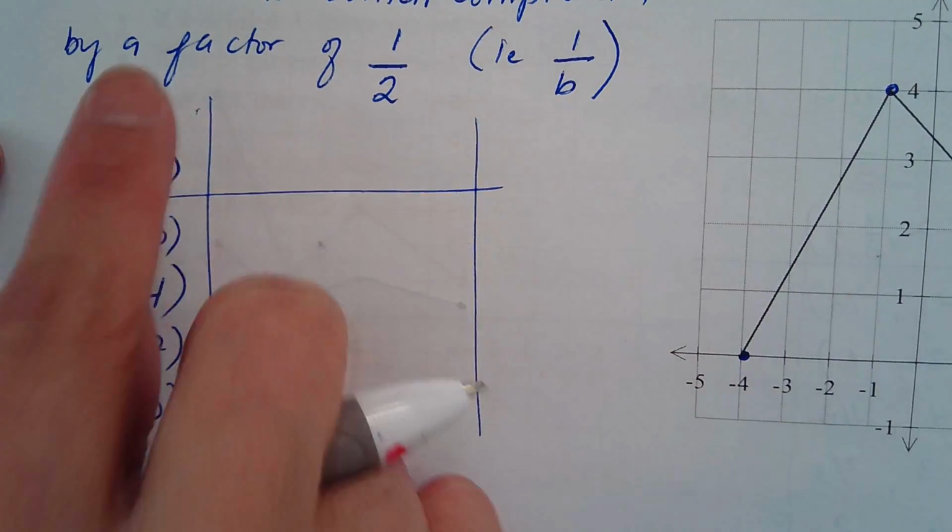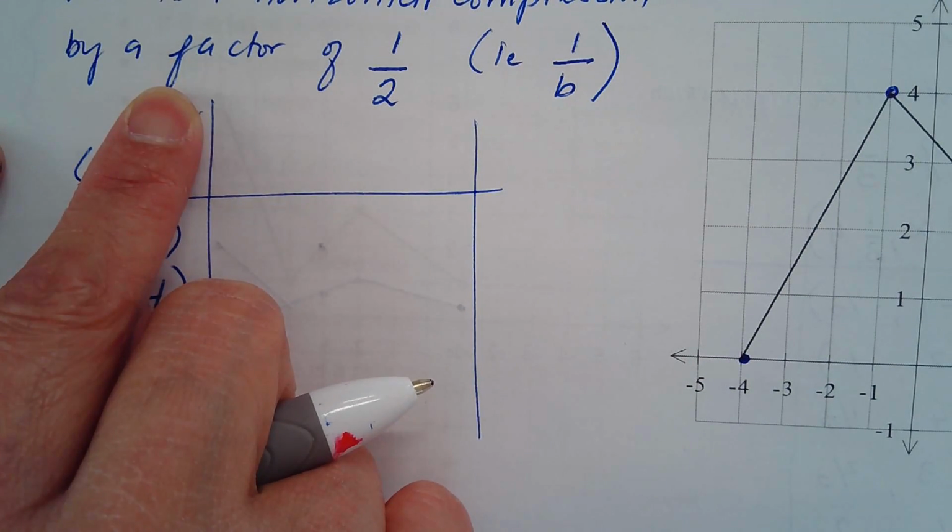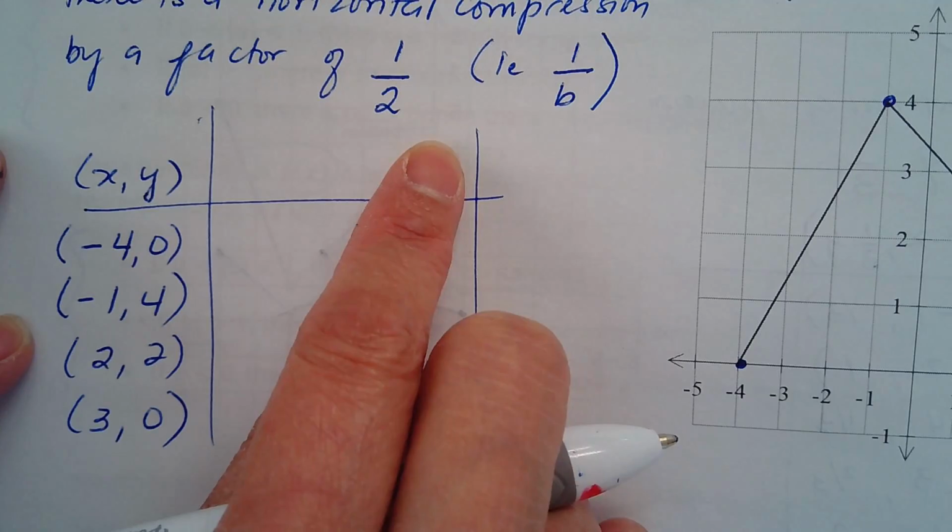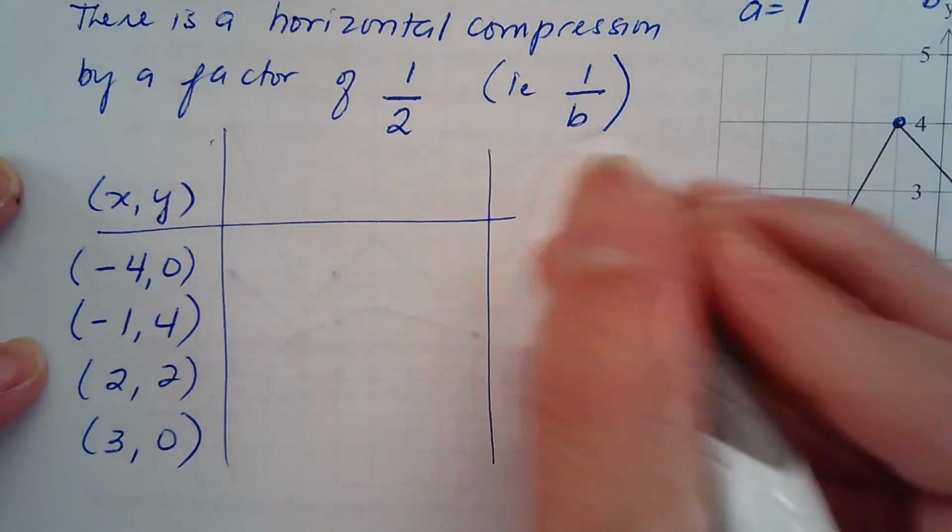So in this case, we're going to have a compression by a factor of 1/2.